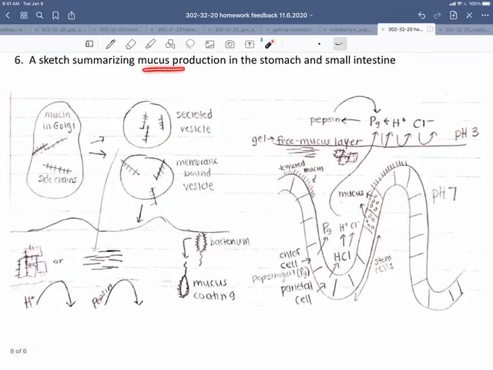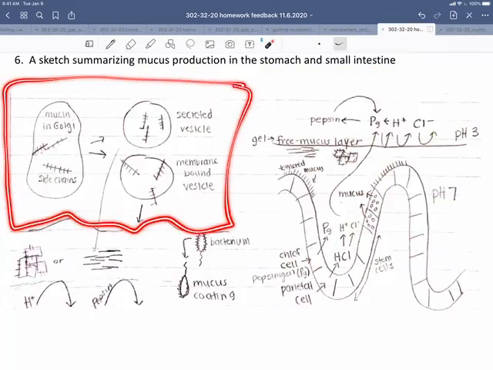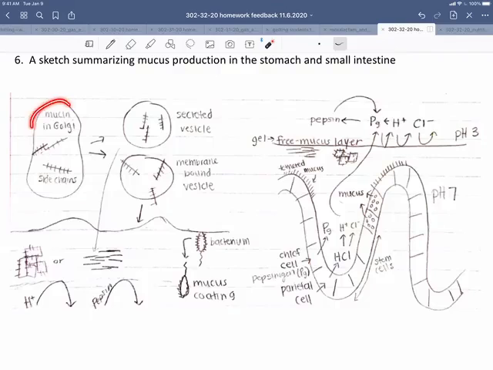Finally, a sketch summarizing mucus production in the stomach and small intestine. So here is a cell, and not shown is the Golgi, but we'd have rough ER, ribosomes that are associated with endoplasmic reticulum, and here's the messenger RNA going through the amino acid chain.